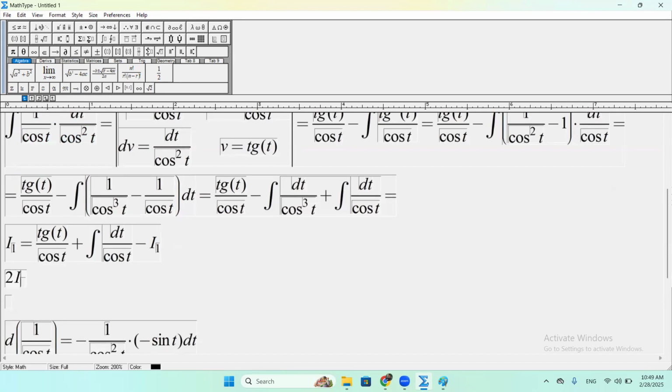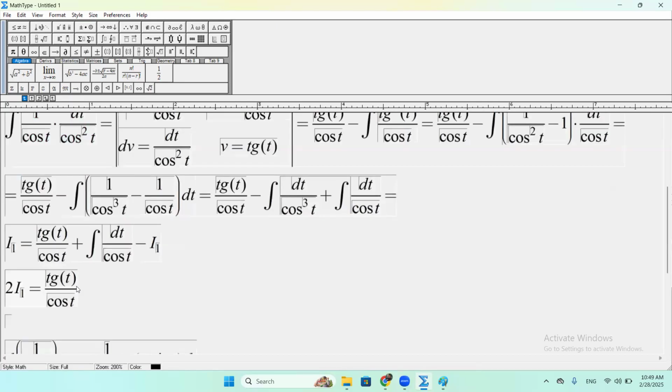Okay, let's calculate it like this. So 2I1 equals tangent t over cosine t, and this integral is the table integral. It is the integral of secant x, or 1 over cosine. So the following expression. Let me look into it.